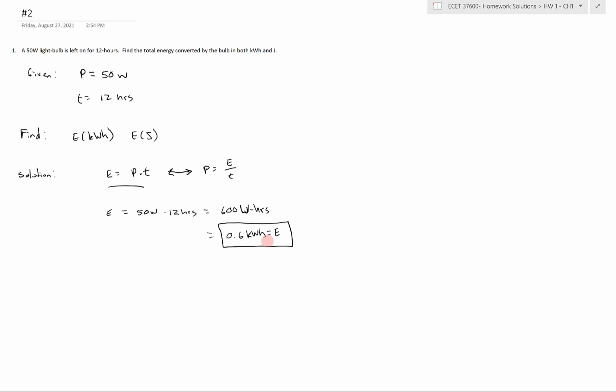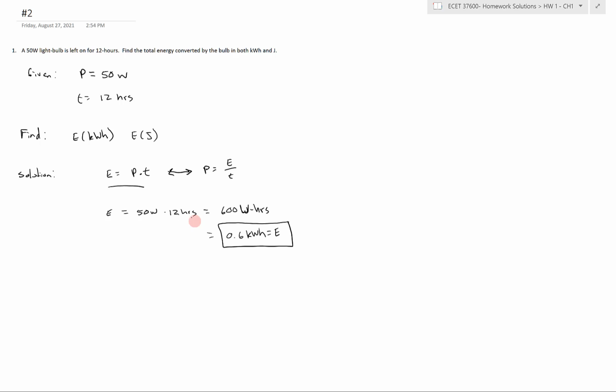The base unit of power is joules per second, and this time was in hours. So that's where the 3.6 times 10 to the 6 comes from. There are 60 minutes in an hour and 60 seconds in a minute, so I need to multiply by 60 times 60. So I'll show you how to do that.